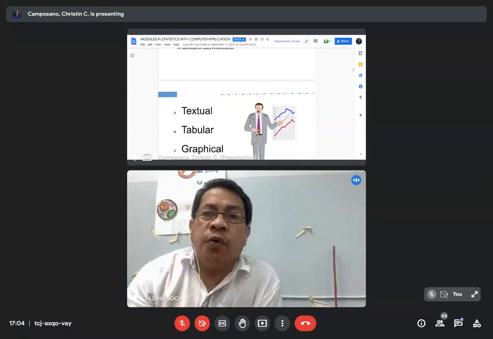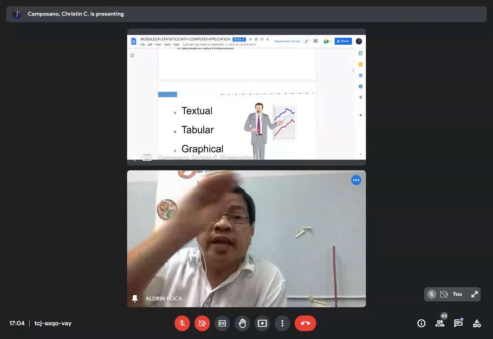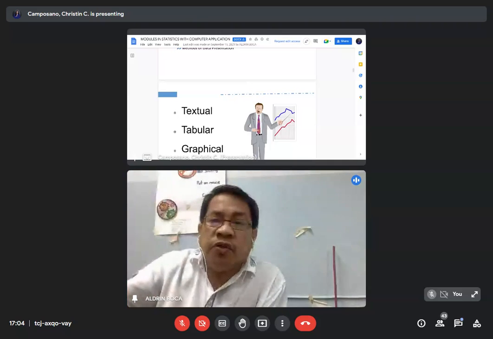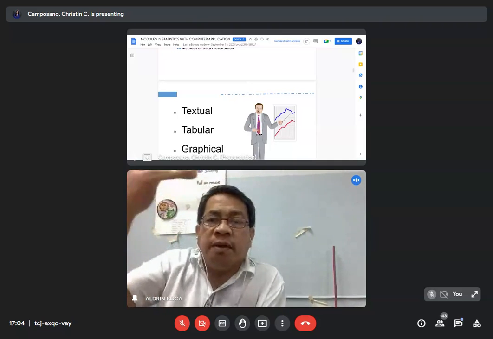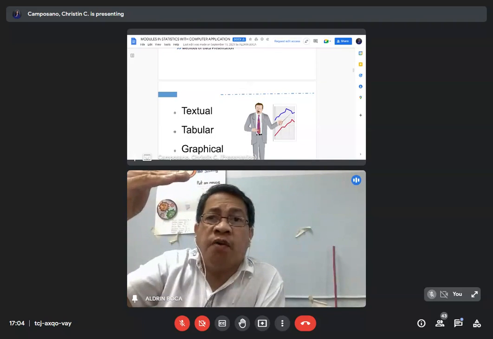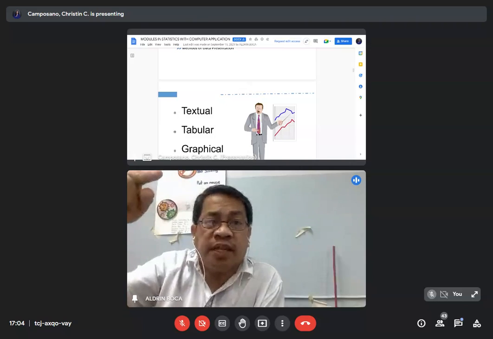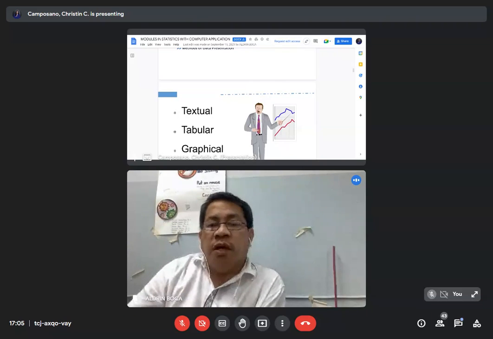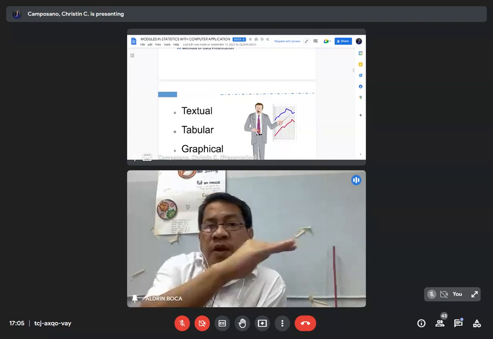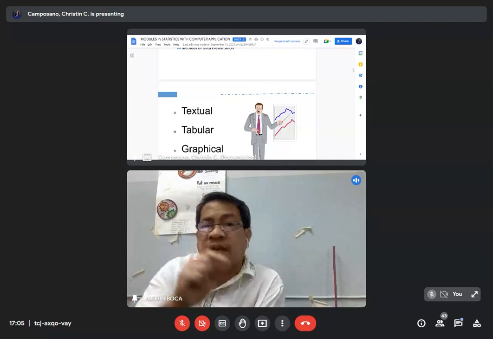Next is tabular. When you say tabular, you make use of a table. So in the table, you have the headings. For example, sex in column 1, then column 2, number or frequency, column 3, percentage. Yung rows mo naman, yung sex mo, may categories ka, male at saka female.